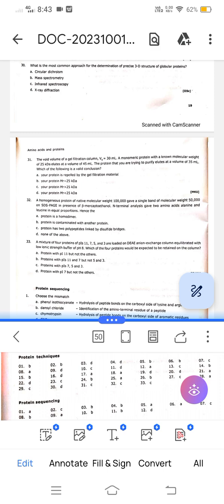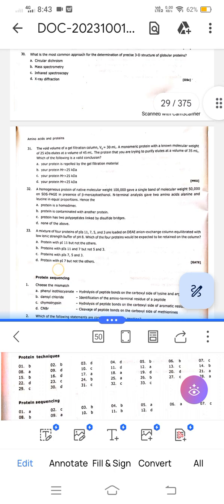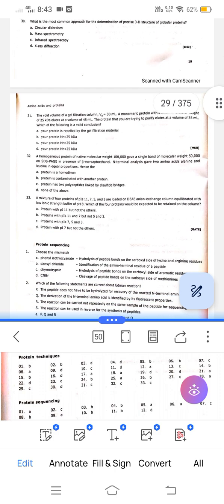Then a homogeneous protein of native molecular weight gives a single band of molecular weight that's also given on SDS PAGE in presence of beta-mercaptoethanol. N-terminal analysis gave two amino acids alanine and leucine in equal proportions. Hence, 32C. Protein has two polypeptides linked by disulfide bridges.